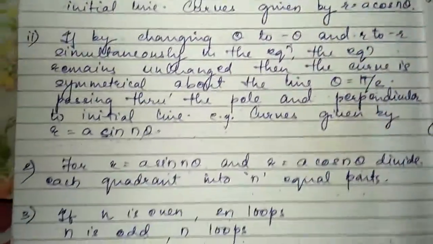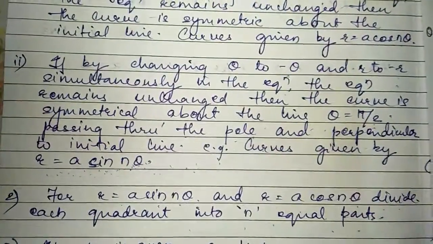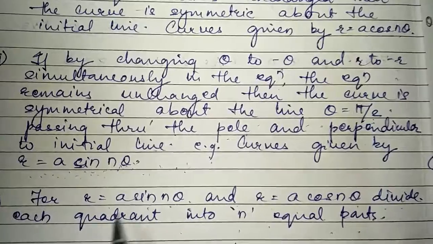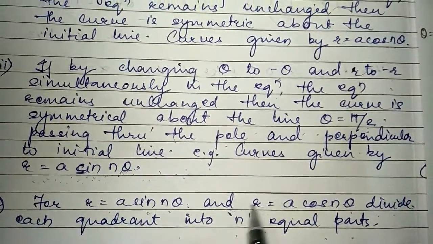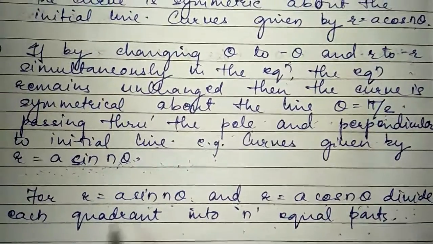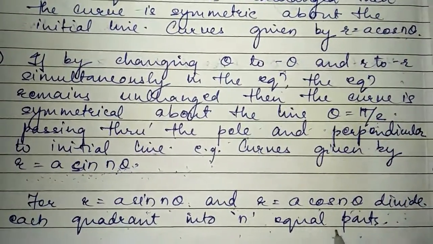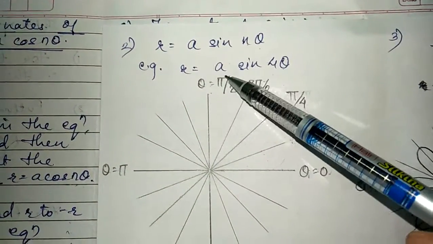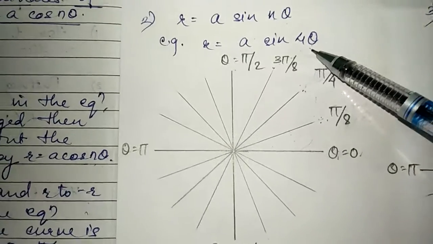Then, to trace the curves, there are some rules. We'll see those. Now, for r is equal to a sin n theta and r is equal to a cos n theta, we'll divide each quadrant into n equal parts. Now, suppose we have r is equal to a sin of 4 theta. So, what is n here?